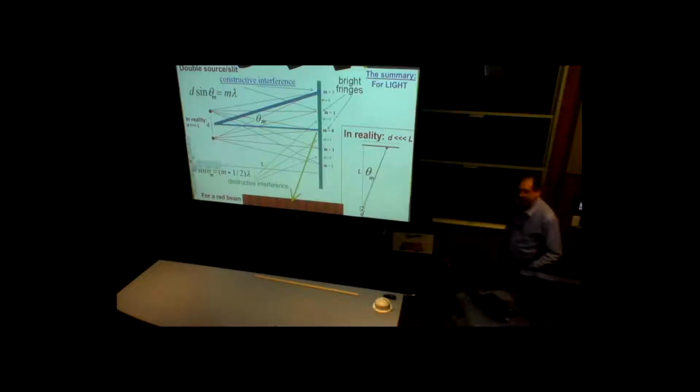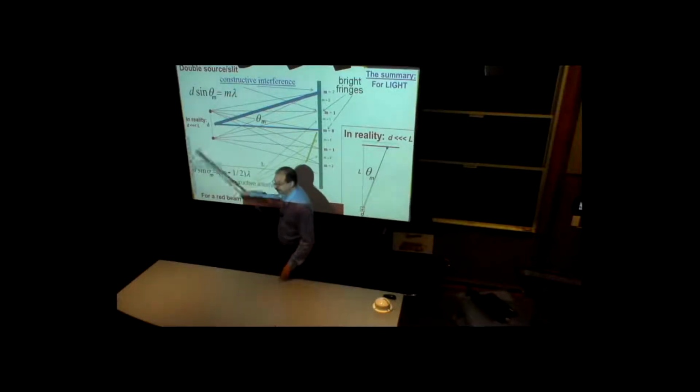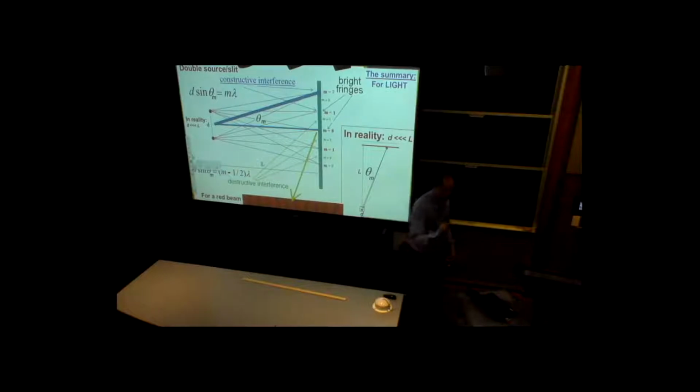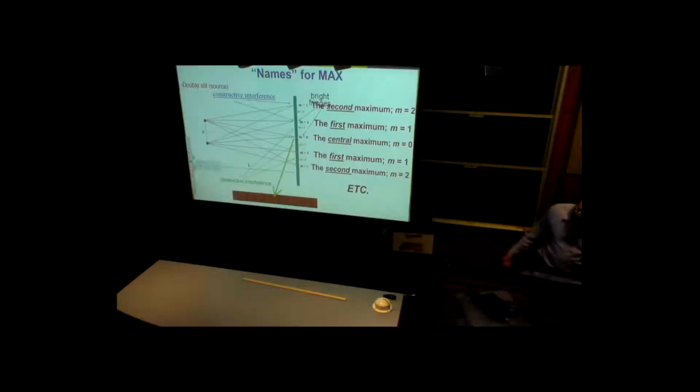Another way of the summary with the picture. Again, this is the gross exaggeration, very, very gross, like billions of times exaggeration. In reality, they're very close to each other. And, well, that's the terminology part.